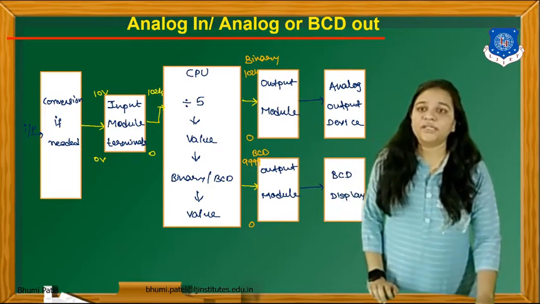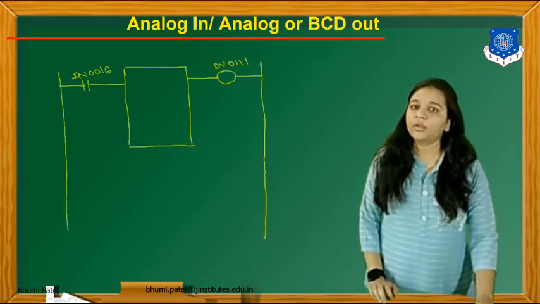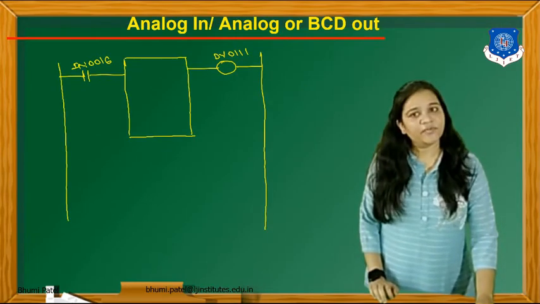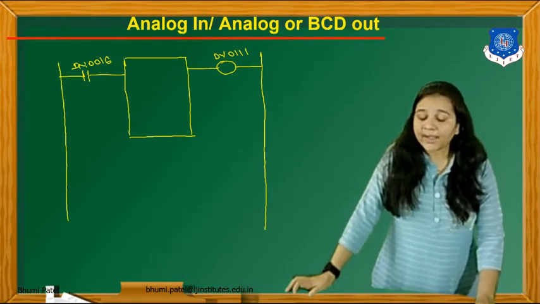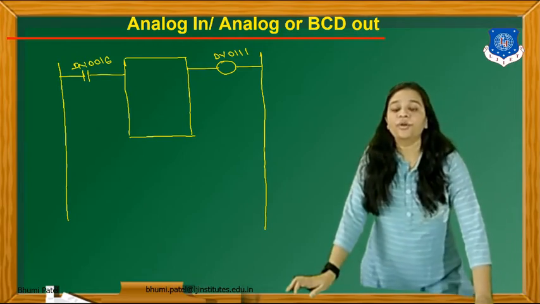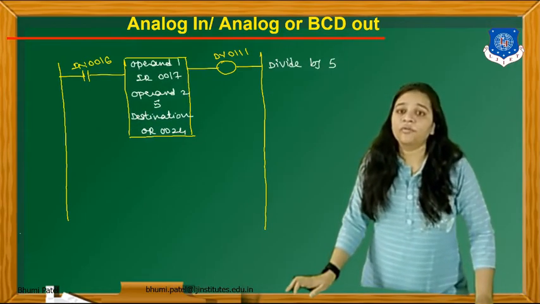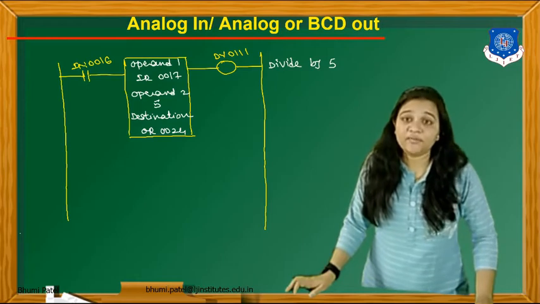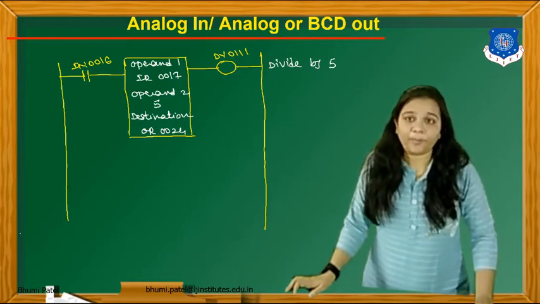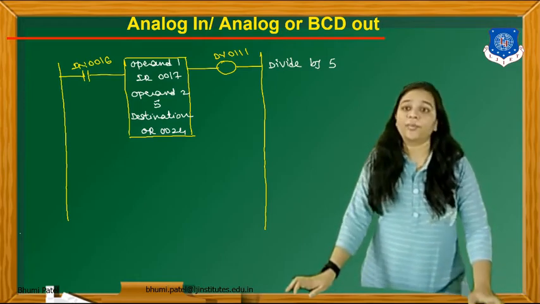So first of all, in the program we have to use the division function, because we have to divide the input module value by 5. So what is the format of the division? We have to take two operands, operand number 1 and operand number 2.